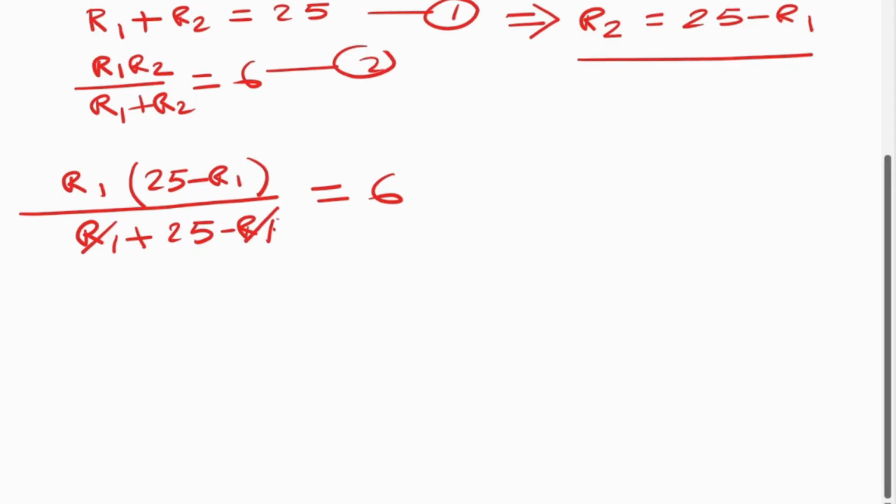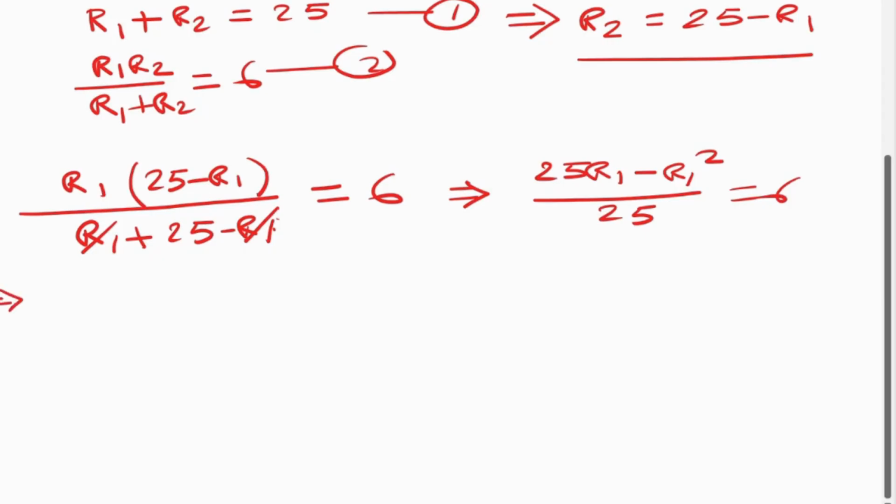So minus R1 plus R1 cancel out, and after reducing, this equation will be 25 R1 minus R1 square by 25 equals 6.